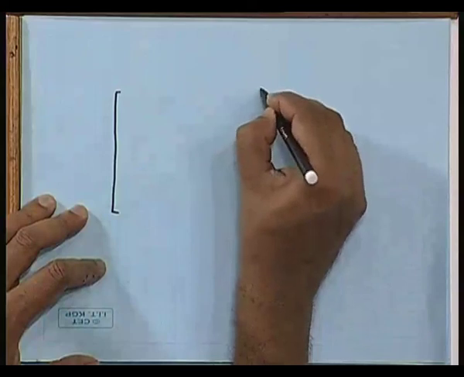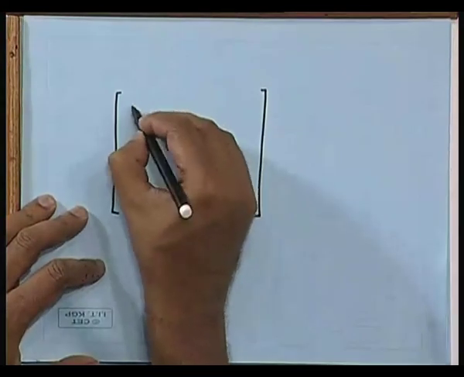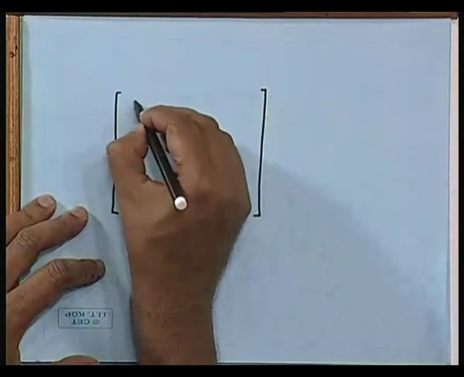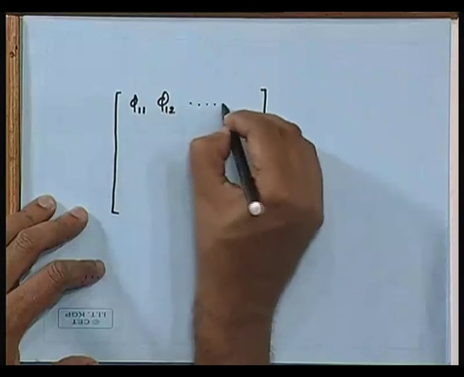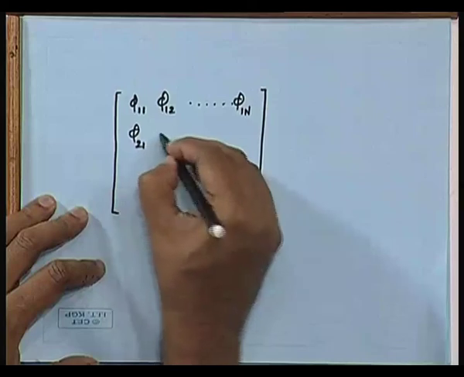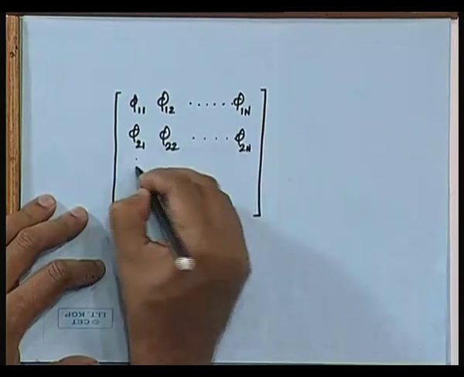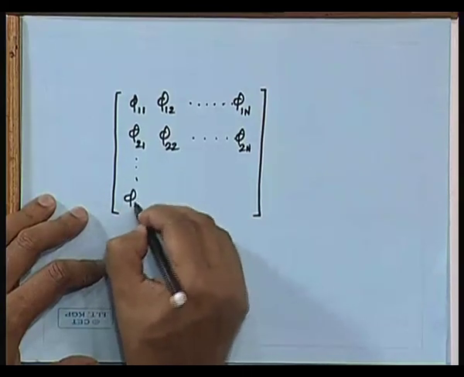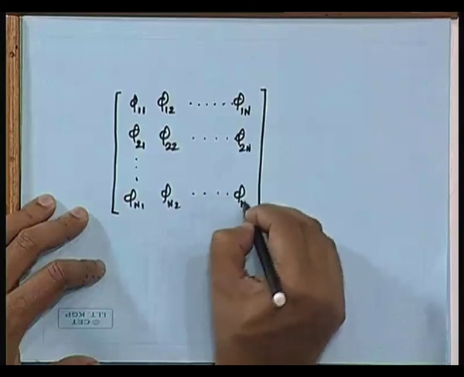How? Just look at it. It can be written with a phi matrix, which I am going to define shortly. Let us write down first phi 1 1, phi 1 2 up to phi 1 n, then phi 2 1, phi 2 2 up to phi 2 n, and going all the way up to phi n1, phi n2 up to phi nn.